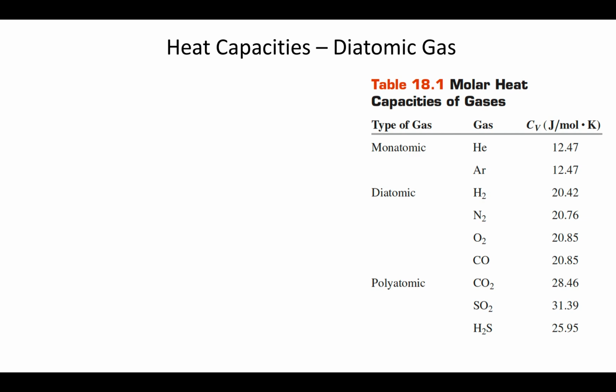For the diatomics, they become almost double the heat capacities at constant volume. The polyatomic, 3 or more atoms, get up to even bigger than the diatomics. So certainly the more complex the molecule, the higher the specific heat, the more complex ways it can absorb energy.